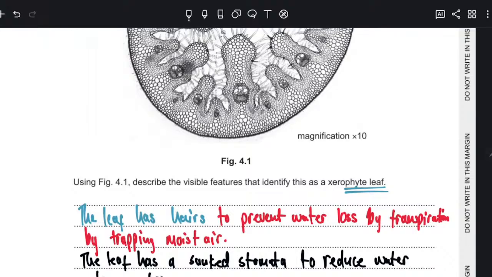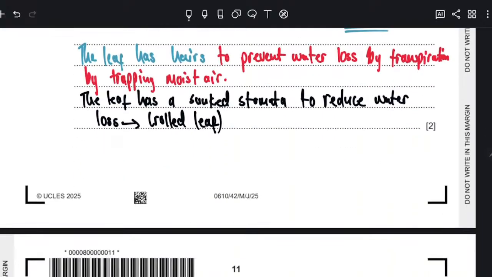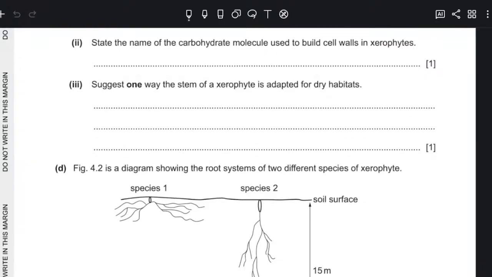Now, next question. Suggest one way the stem of a xerophyte is adapted for dry habitats.